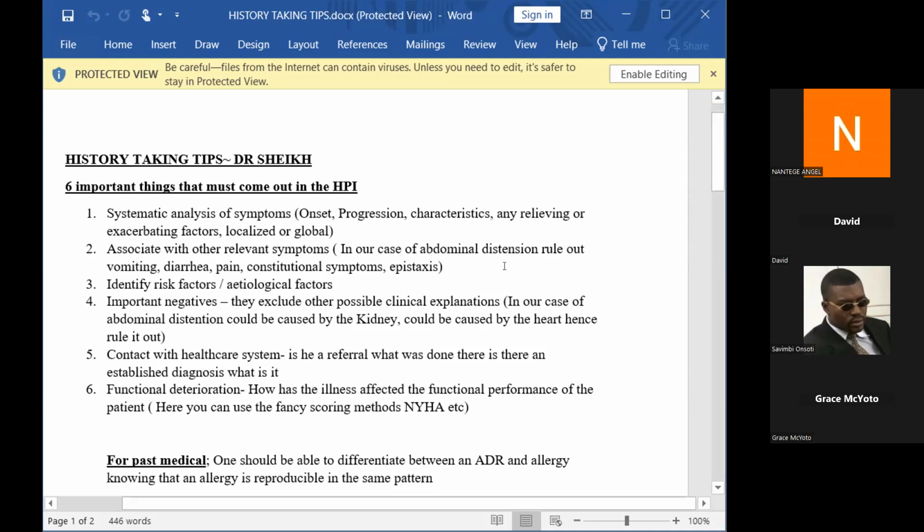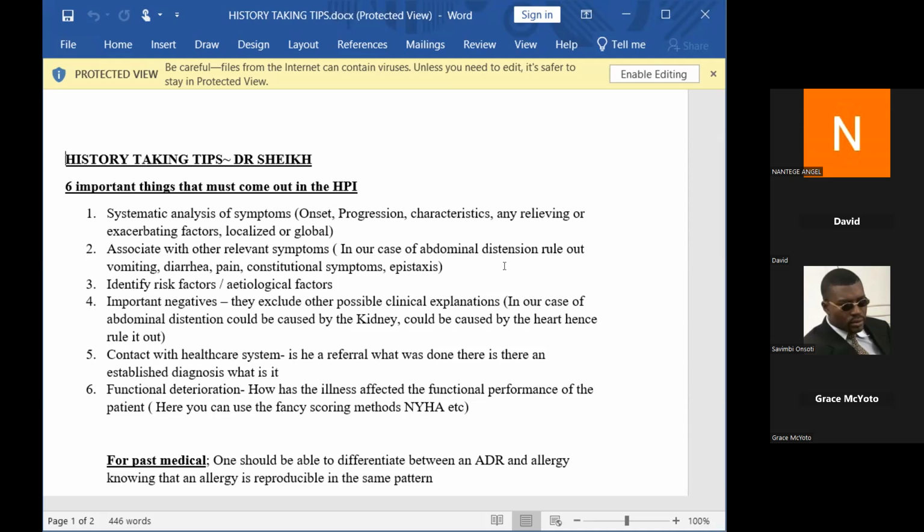So we have the systemic analysis of symptoms. Now this includes your OPERATES, your SOCRATES, as David mentioned. This is where it comes in. And then you have association with other relevant symptoms, the likes of fever, hotness of body. Usually don't say fever, you say hotness of body. Chills, whatnot.